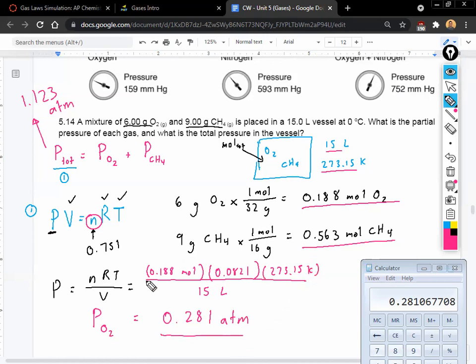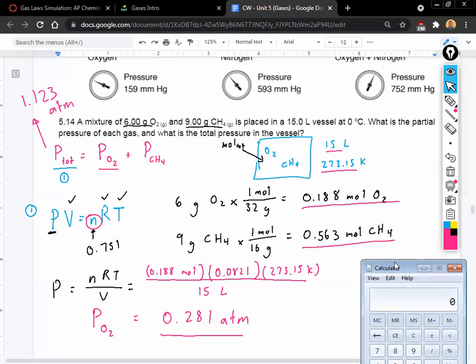All right. Now we can do the same thing for methane if we wanted to. We can just change this into 0.563, but that's kind of annoying. But if you guys remember, if we have the pressure of oxygen and the total pressure, we can calculate the pressure of methane just by subtracting.